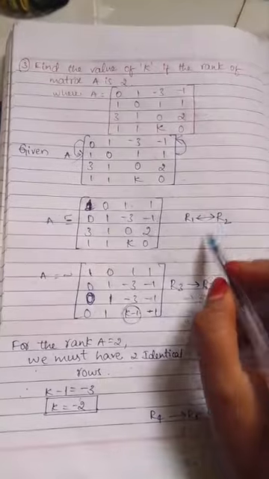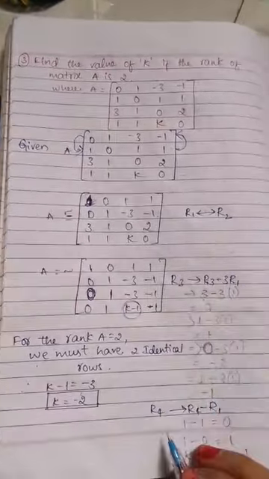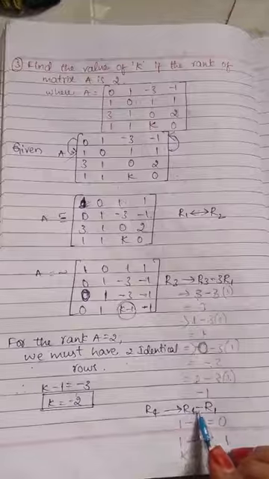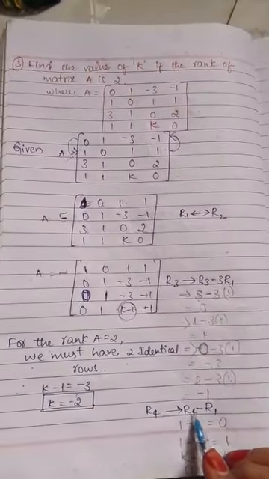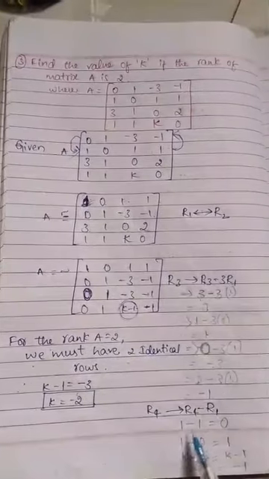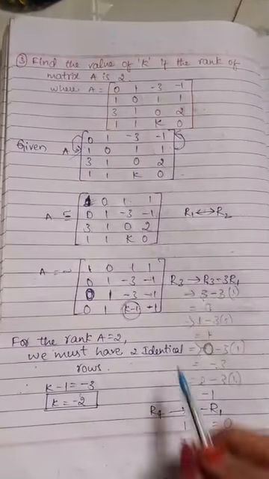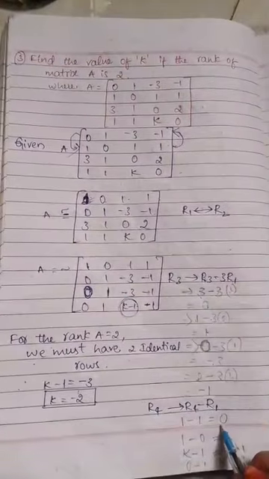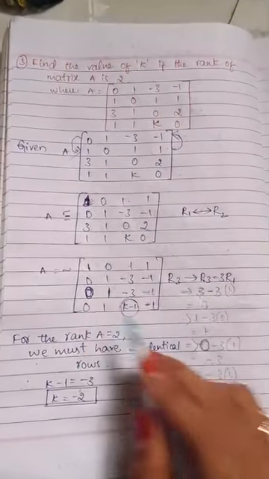Yes. Then I have to change R4 as well. R4, I have to do R4 minus R1. What is R4 here? 1. 1 minus R1 is also 1, that is 0. It will become 0.